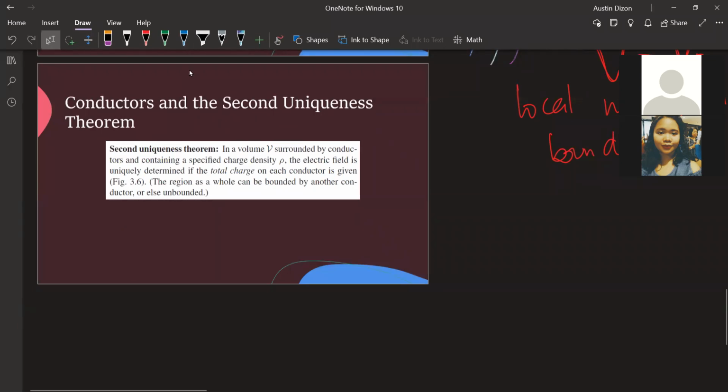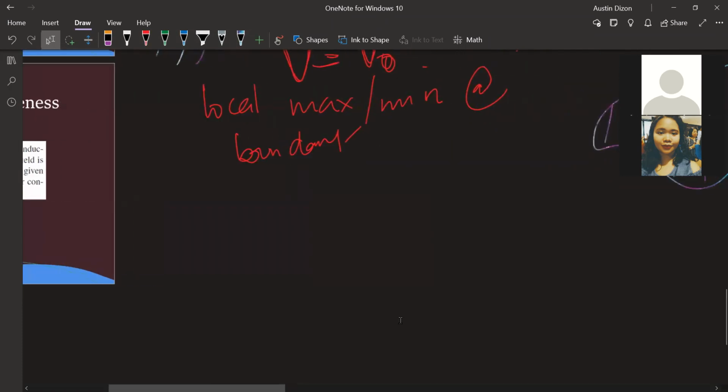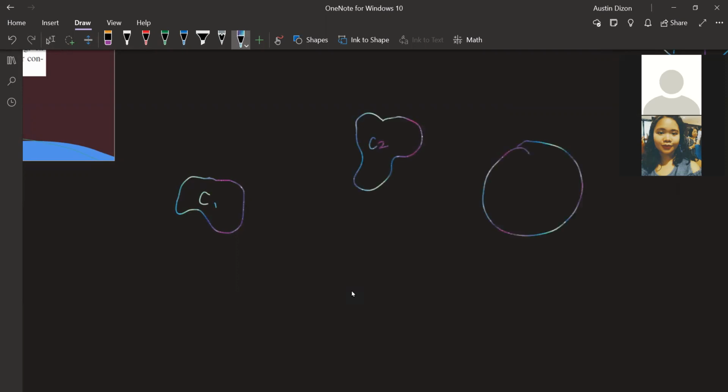Okay, so the second uniqueness theorem is about electric fields. Okay? So suppose you're in a space. Okay. Let's draw this as well. Let's first make some conductors. We have conductors of arbitrary shape, C1, C2, C3.